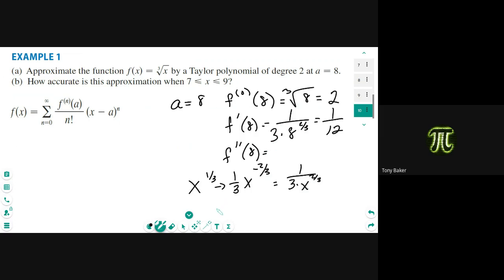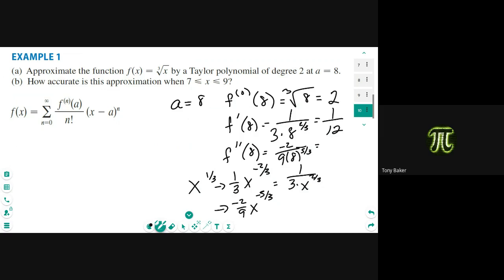Okay, if I find the next derivative of that one, what do I get? Bring down the exponent, subtract 1 again. So negative 2/9 x to the negative 5/3. So negative 2 over 9 times 8 to the 5/3.